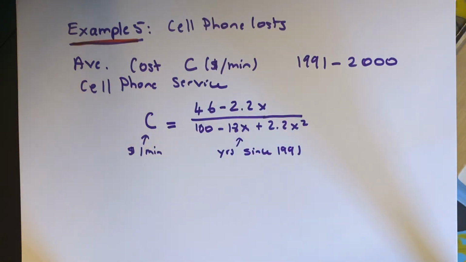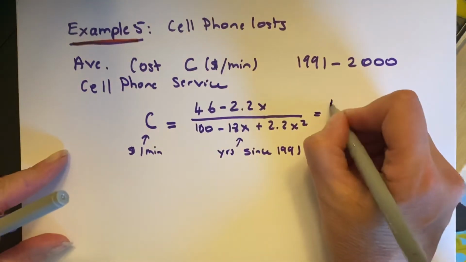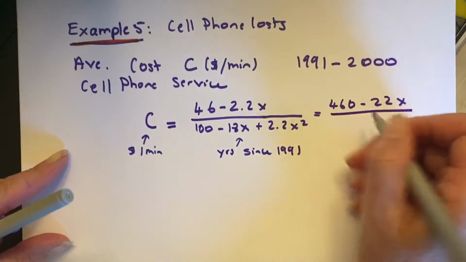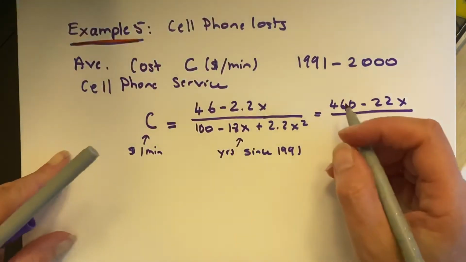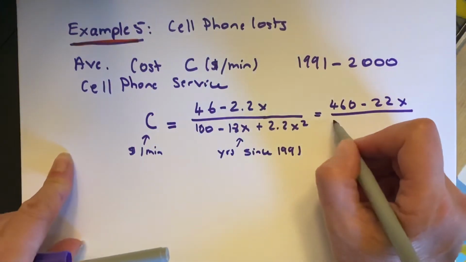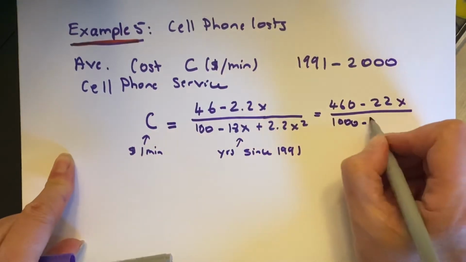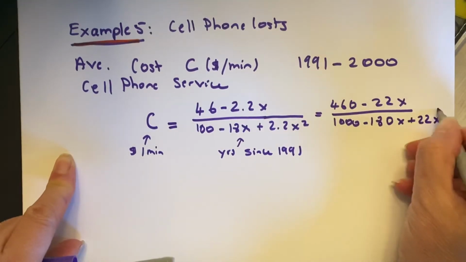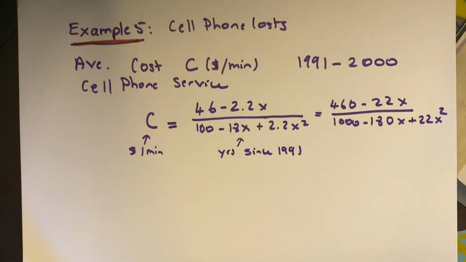So when I multiply everything by 10, I get (460 minus 22x) divided by (1000 minus 180x plus 22x squared). Then it tells me to simplify my model.